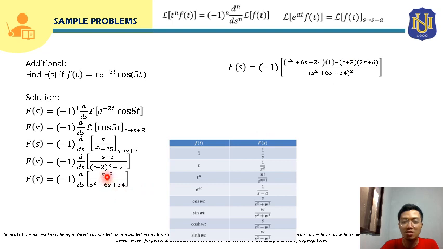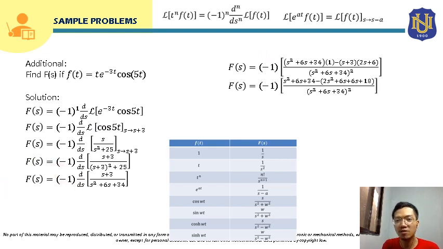Our u here is s plus 3 and then the derivative of v, that will be 2s plus 6, the derivative of s squared plus 6s plus 34. Again, over v squared. So our v is s squared plus 6s plus 34, and we just square that. After that, there's still a negative 1 here.